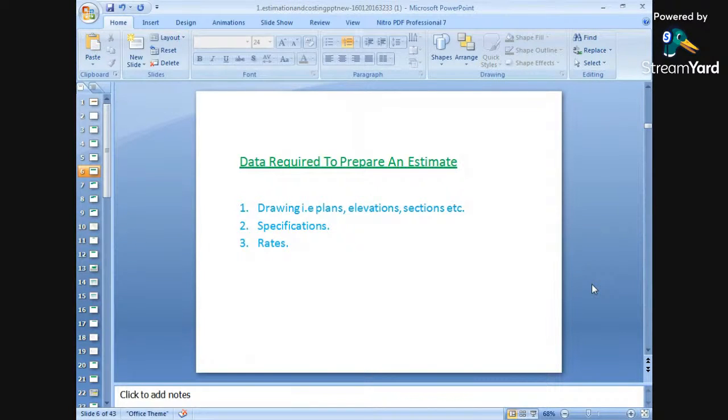So these are the data required for calculating the cost of any structure. Okay? When the data is available with us, we can easily find out the total cost of any structure with the help of these three things. That is, the drawings are required, specifications are required, and the rates for a particular item of work will be required for a particular activity. Okay.